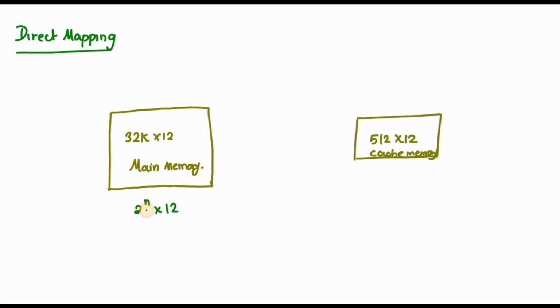I can write this as 2^n x 12, where 32K is 2^5 times 2^10, so n is 15. In a similar way, I can represent the cache memory as 2^k x 12, here 2^9 x 12, so k is 9.